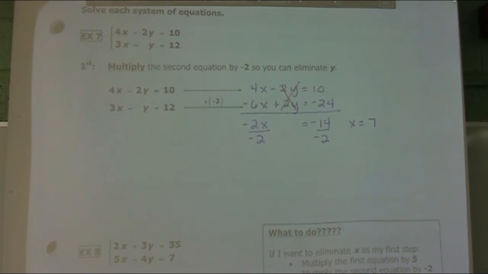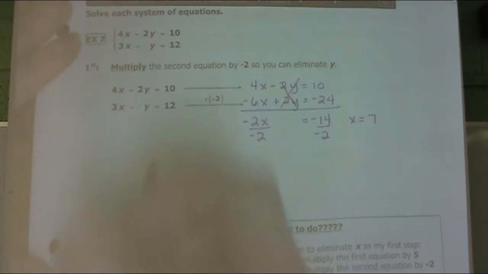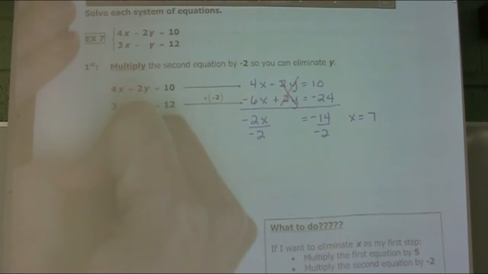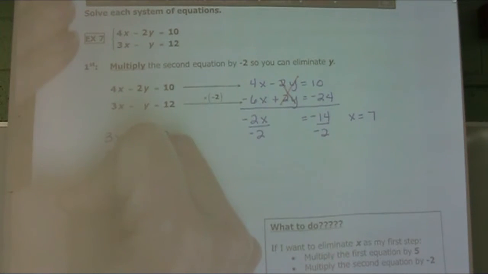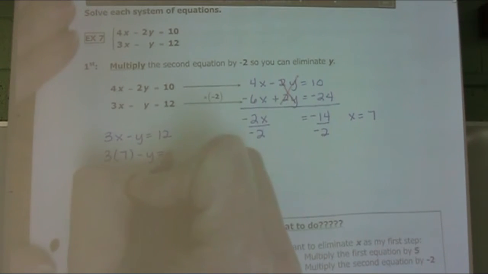Now I'm going to substitute, and I can use either one of my original equations. I'm going to take the second one, 3x minus y equals 12, and substitute in x equals 7. So 3 times 7 minus y equals 12 gives me 21 minus y equals 12.